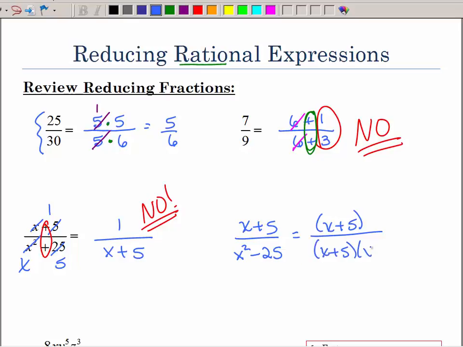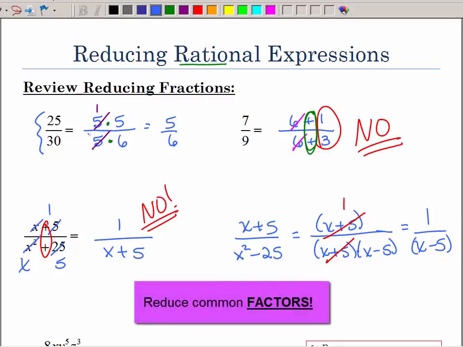That's the difference of two squares. Now I have things that are multiplied together. I have a common factor of x plus 5. x plus 5 divided by x plus 5 is 1, and so this reduces to 1 over x minus 5. So one more time, you may reduce common factors, but you cannot reduce things that are just added together.